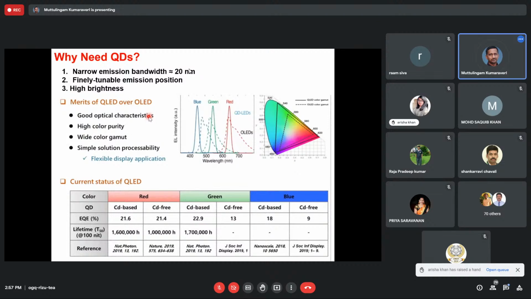If you look at the QLED over OLED, the merits are good optical characteristics and color quality, color gamut, saturated color, and simple solution processability. The problem with organics is that mostly we have to evaporate; vacuum thermal evaporation is a very expensive method, and we need the right equipment and high vacuum.